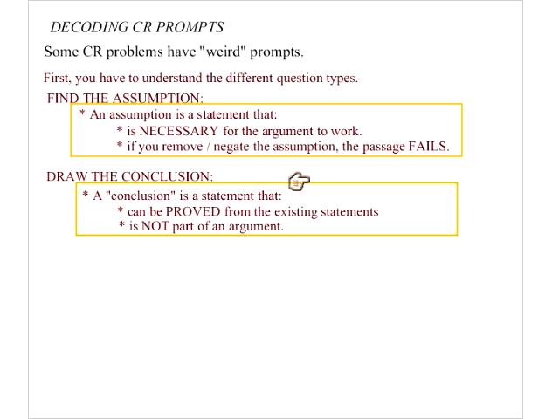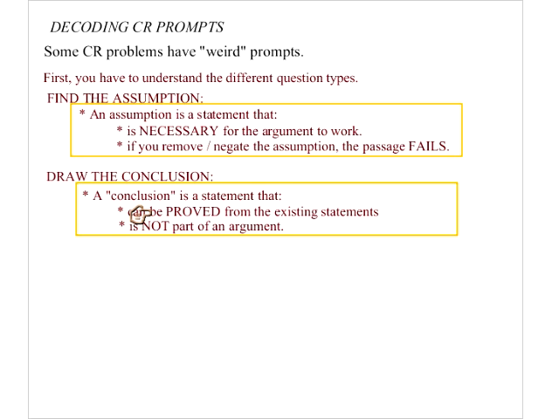But the biggest difference is that an assumption is a necessary part of the argument. It's not articulated, but it's actually a premise, whether it's articulated or not. The conclusion is not actually part of the argument. So if you remove the conclusion, then nothing happens, because the conclusion, by definition, is redundant. But here's the difference.